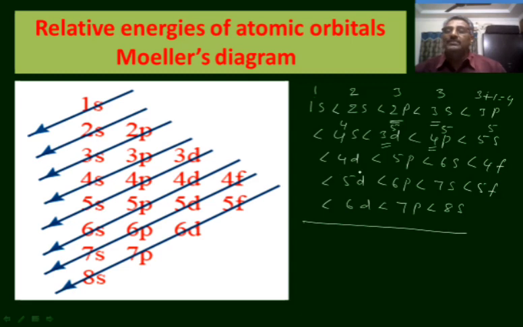For 4d, 4 plus 2, that is equal to 6. In the same manner, we can check the order of the orbitals in the increasing values of energy. The order of orbitals obtained by the n plus l method is the same as the order obtained by using Aufbau's diagram.